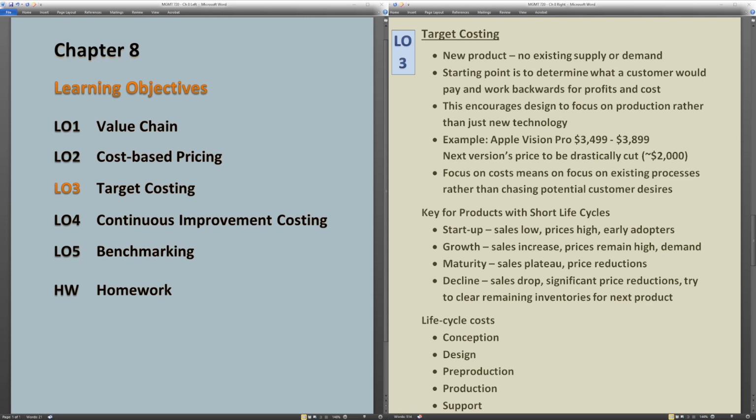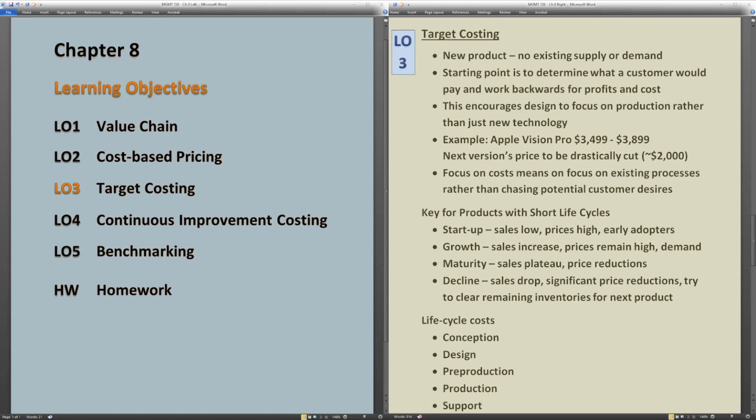So since there's no killer 3D application, they've just really, in my opinion, shot themselves in the foot. And they've already started talking about the next version is going to do without the headphones, maybe use some cheaper materials, but keep the critical technology in the viewing lenses.